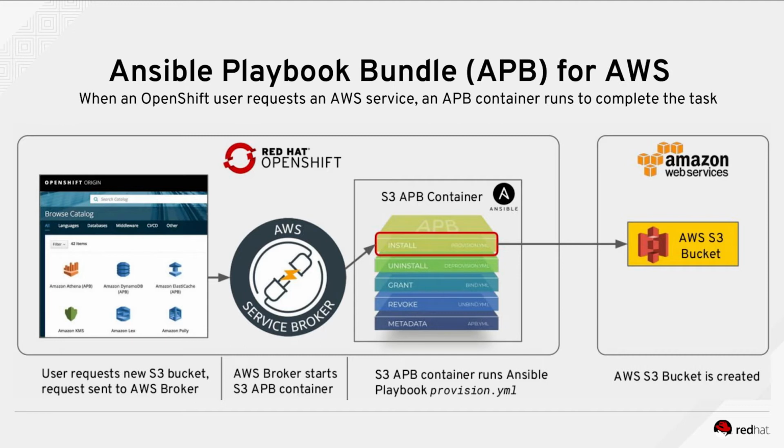The broker runs this Ansible playbook, and then on AWS your bucket is created. You can find this publicly on Git. We're shipping this as part of the OpenShift runtime.